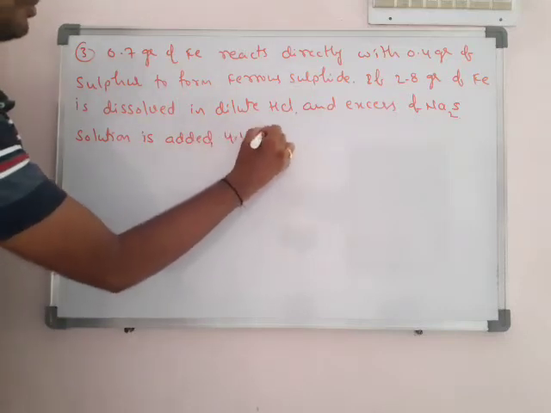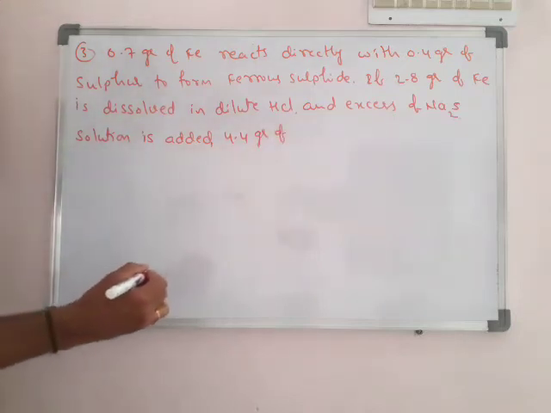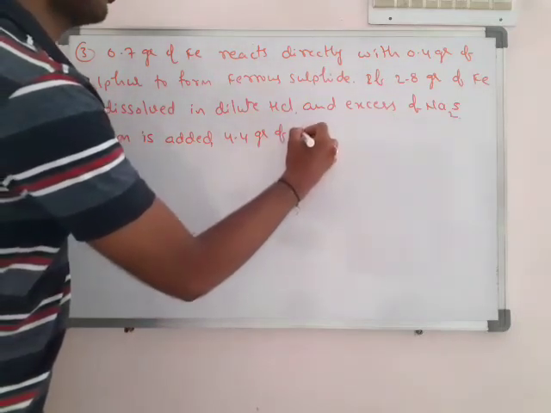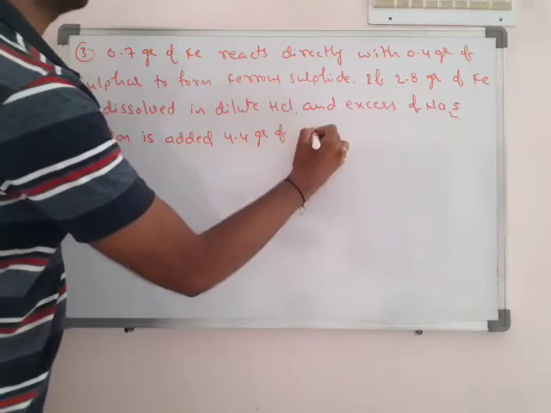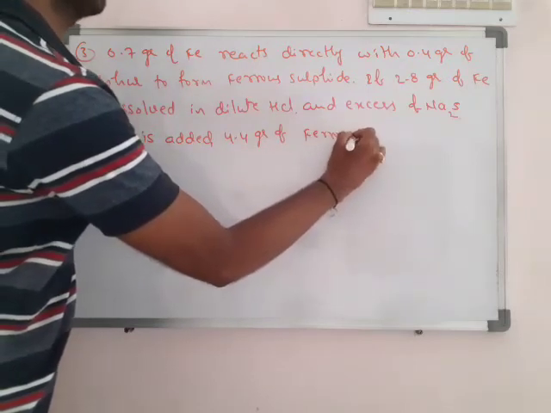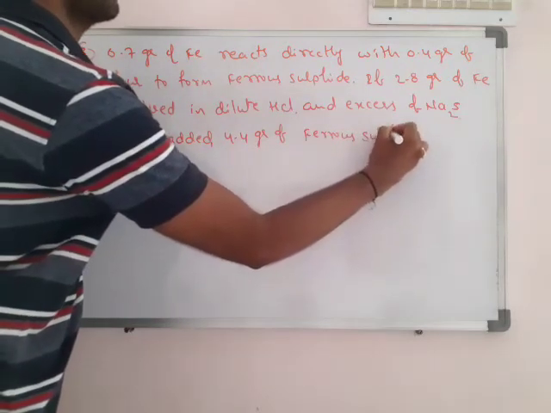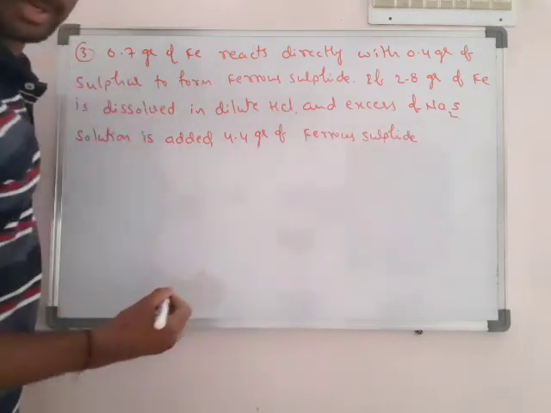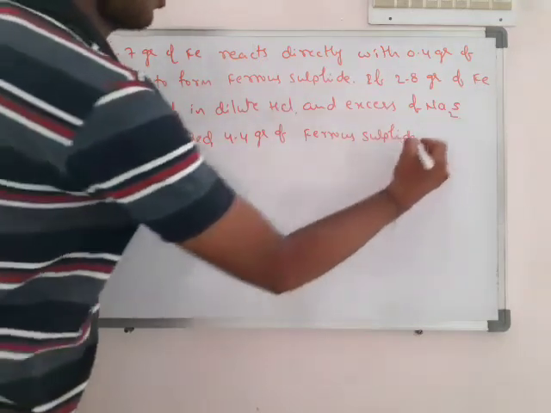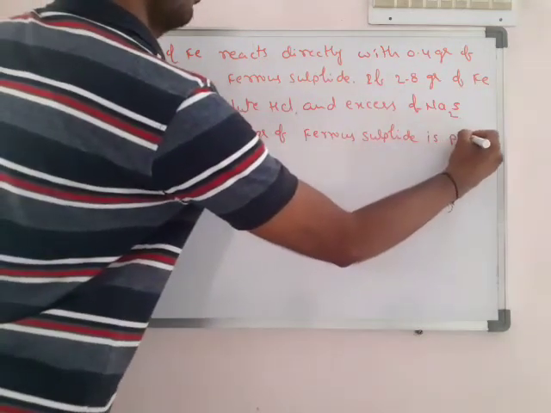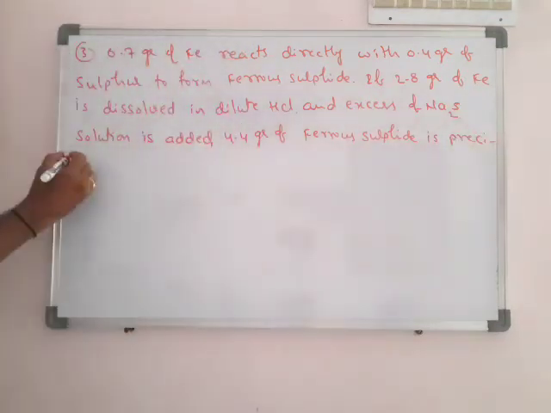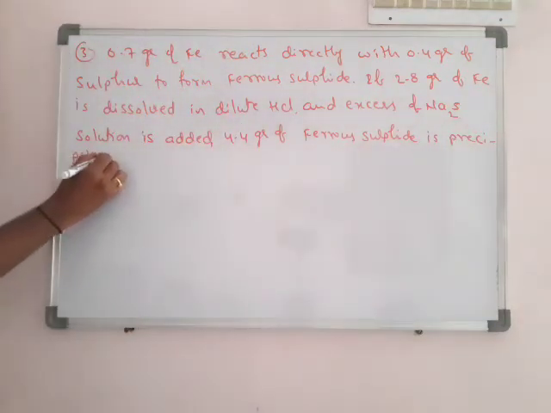So here 4.4 grams of iron sulfide, nothing but ferrous sulfide, is formed. It is precipitated. So you know the meaning of precipitation.